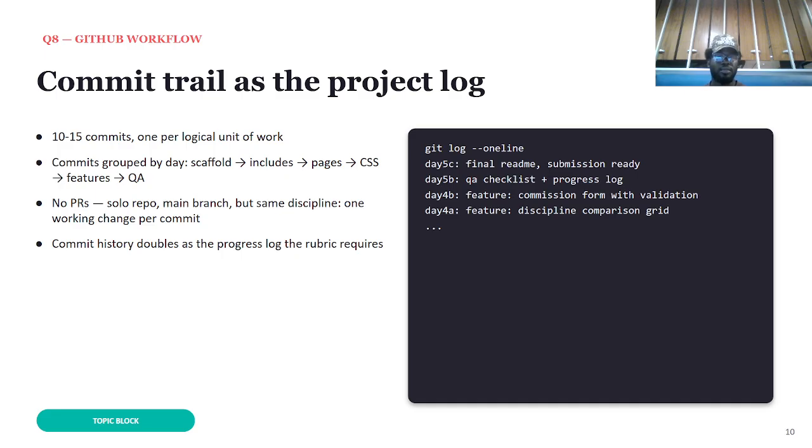You can see that in the commit history, which functions as my process log, as it was supposed to. Anyone can look at my commit history and see the project being built in order, core first, then secondary features, then the QA, rather than just appearing all at once when you finally look at the end of the project.